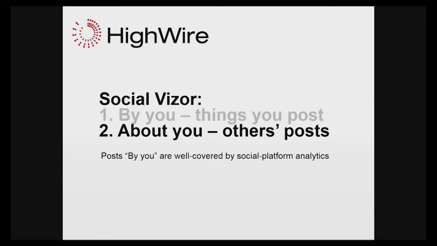We call this by you and about you. And what we found talking with people was they felt that the by you category was pretty well handled by the native platforms. In other words, Twitter, Facebook, and so on have really good analytics built into them. So we focused on the about you category.